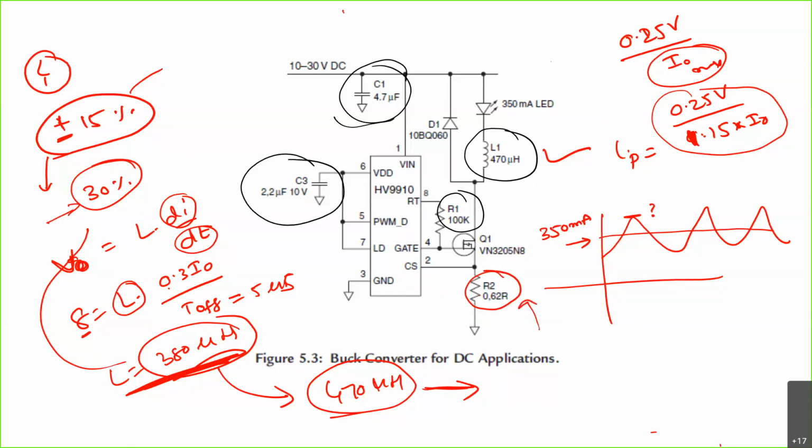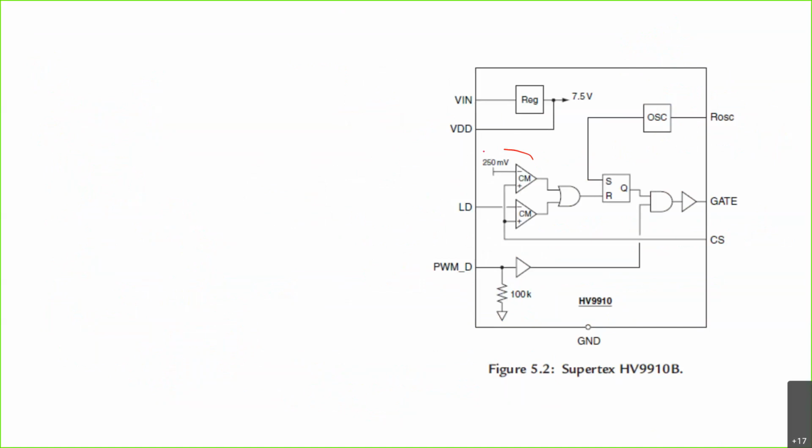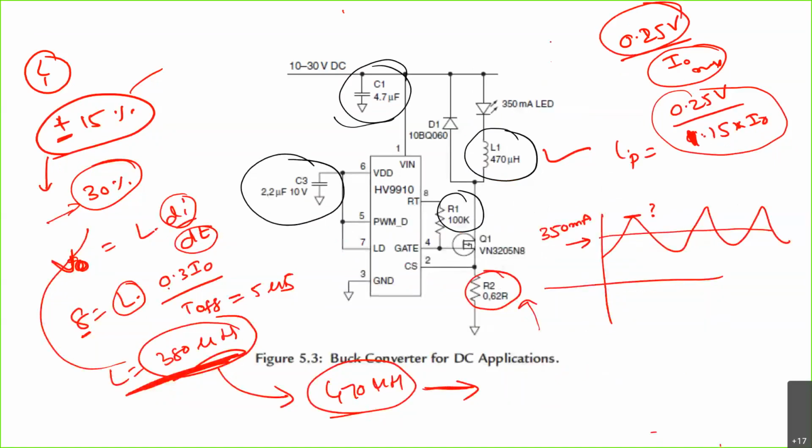We already said that there are two presets for this: one is the 250 millivolt preset, or some external preset you need to give. For example, if you give an external preset of 0.2 volts only, then instead of 0.25 volts you replace it with 0.2 volts here.